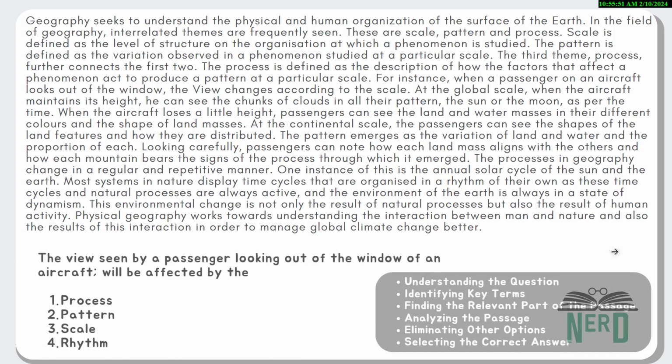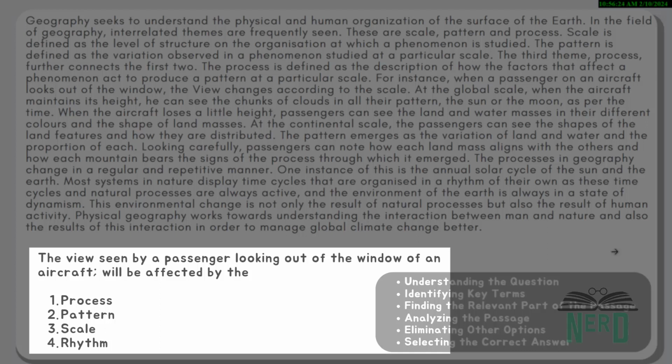For the same paragraph, the question says: the view seen by a passenger looking out of the window of an aircraft. So we are looking for what affects the view seen by a passenger. The first step is to understand the question. This question asks what affects the view seen by a passenger in an aircraft, so we are looking for a term that influences the variation in the landscape observed from the aircraft.